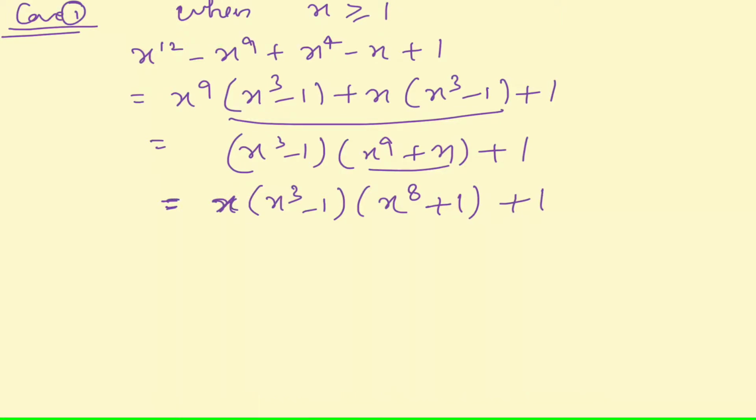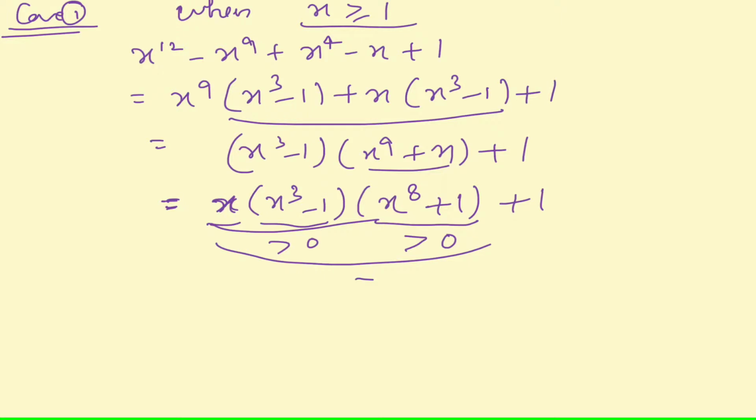So here x is greater than or equal to 1, so this thing will be positive, this thing will be positive, this thing will also be positive. So this whole thing will be positive, greater than 0. X is greater than or equal to 1, right? So this whole thing will be greater than or equal to 1 because plus 1 is there.